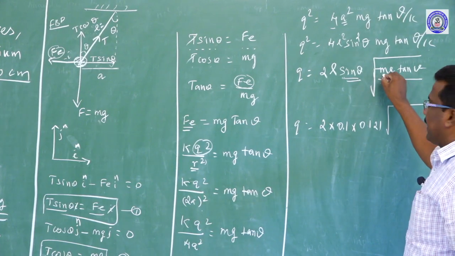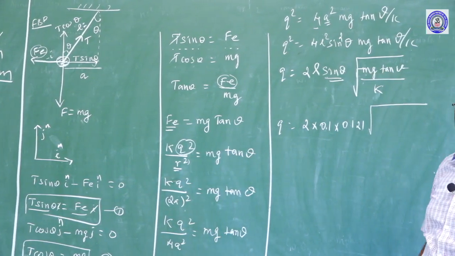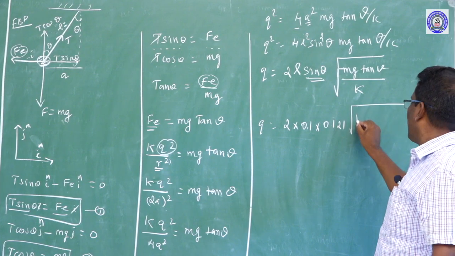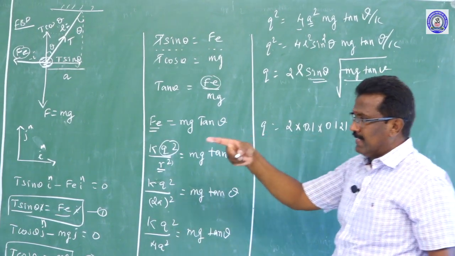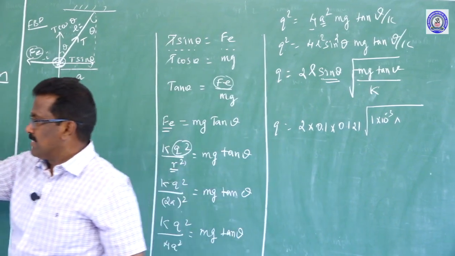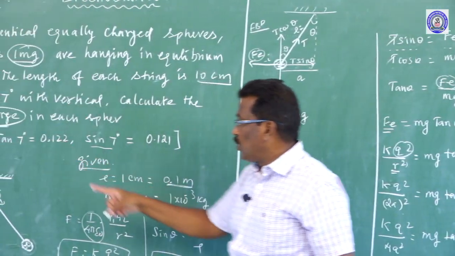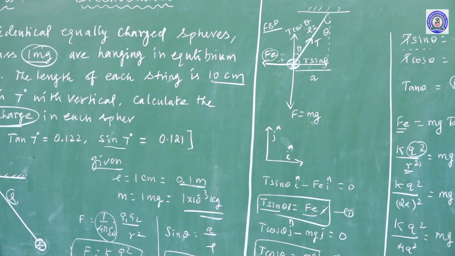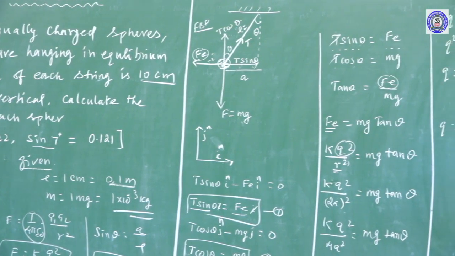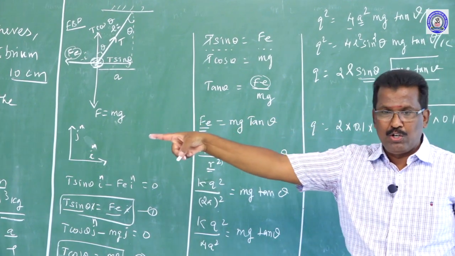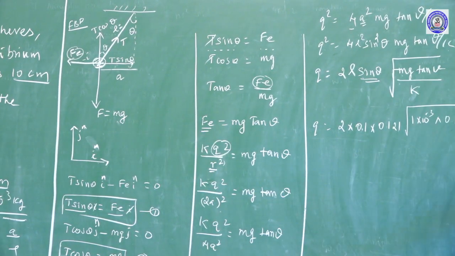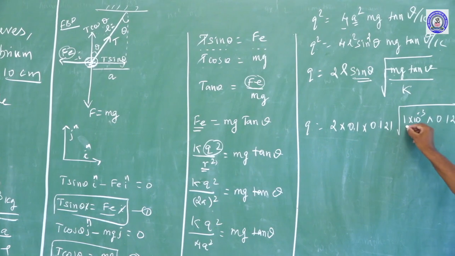Root of m, the mass of the sphere is 1 milligram, 1 into 10 power minus 3. Tan 7 degree is given as 0.122. Take g is equal to 10 meter per second square, divided by K.